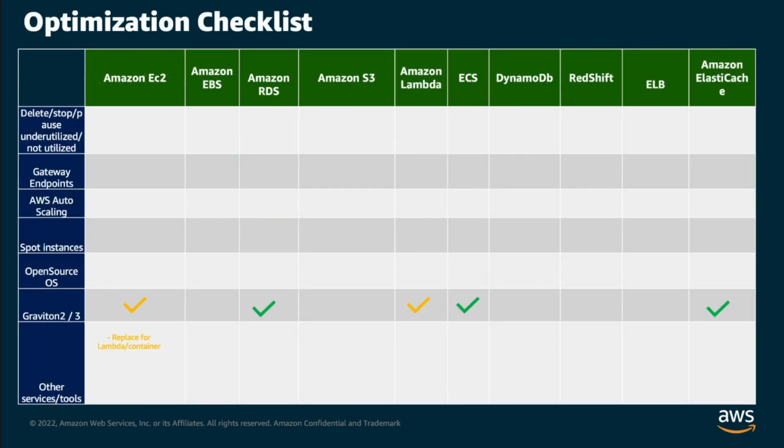So now you have 2 slides for the checklist, because the other one's already filled. So we got a new one, and we are putting here Graviton 2 and 3 and the services that you can enable it on. For example, here EC2, RDS, Lambda, ECS, and ElastiCache. Some of the things in the first slide that I'm showing are in orange color, the check mark or the text.